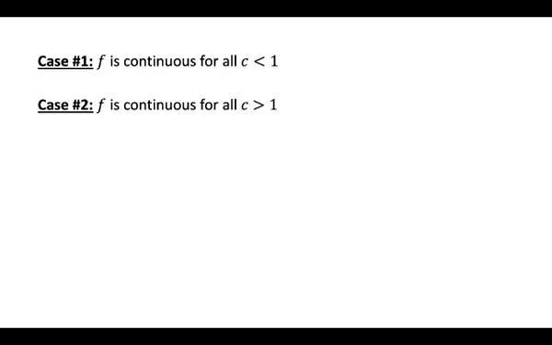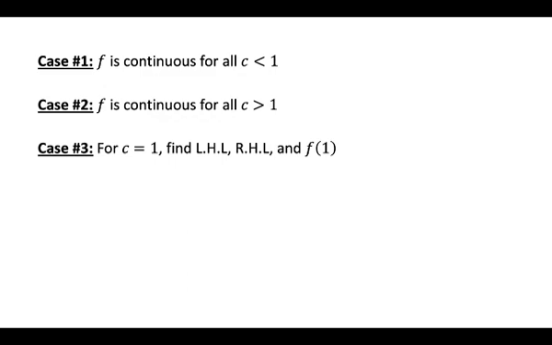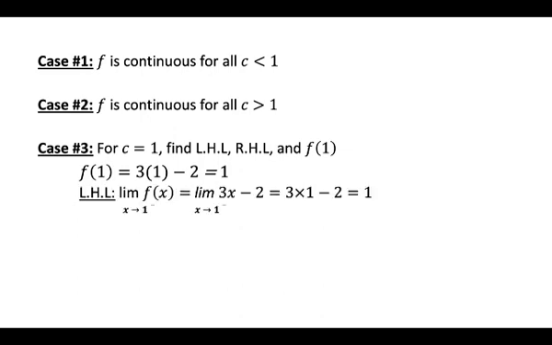Case 3, at c equal to 1: here we need the left hand limit, the right hand limit and f(1). First, f(1) equals 3 into 1 minus 2, which equals 1. Now the left hand limit, limit x tends to 1 negative of f(x), equals limit x tends to 1 negative of (3x minus 2), which equals 3 minus 2, which equals 1.